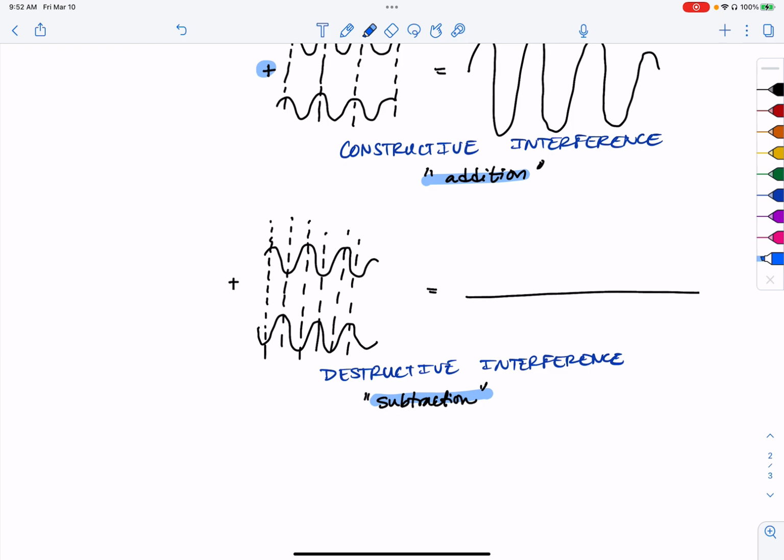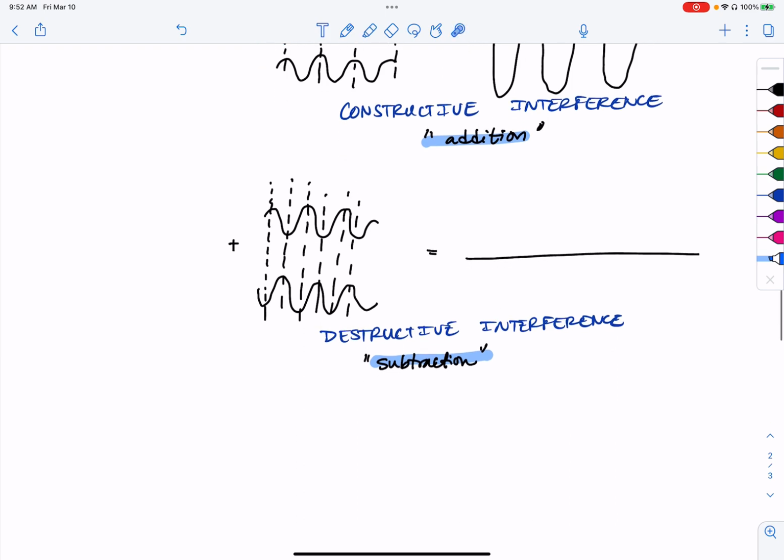In the sense that here I know that we're looking at an addition, but we're adding a wave that is the anti or opposite or inverse of another. So it's almost like subtracting a negative gives us an addition, where the negative that we're subtracting here is the inverted or -1 version of our original wave.